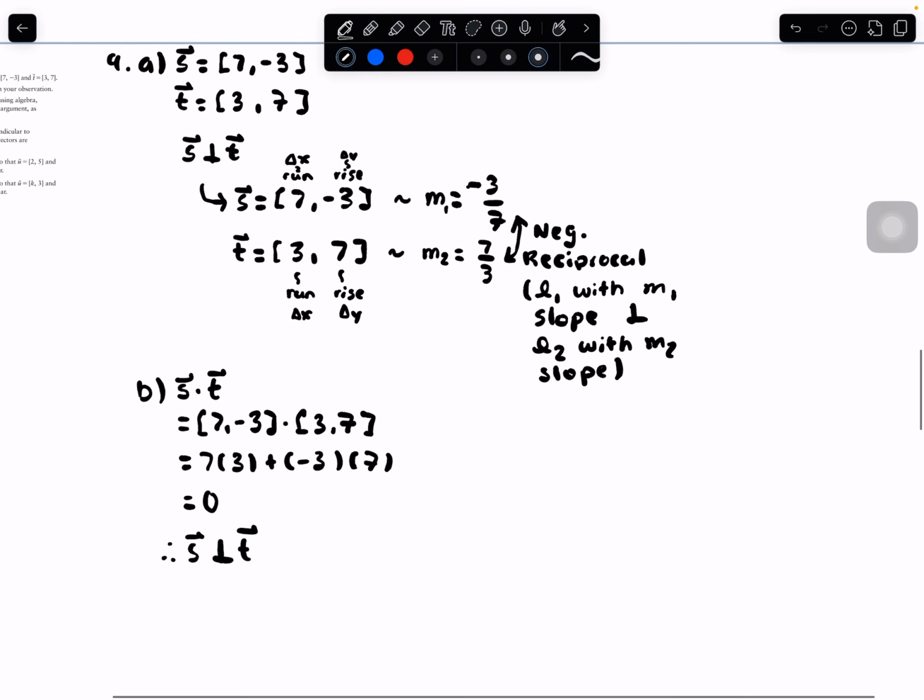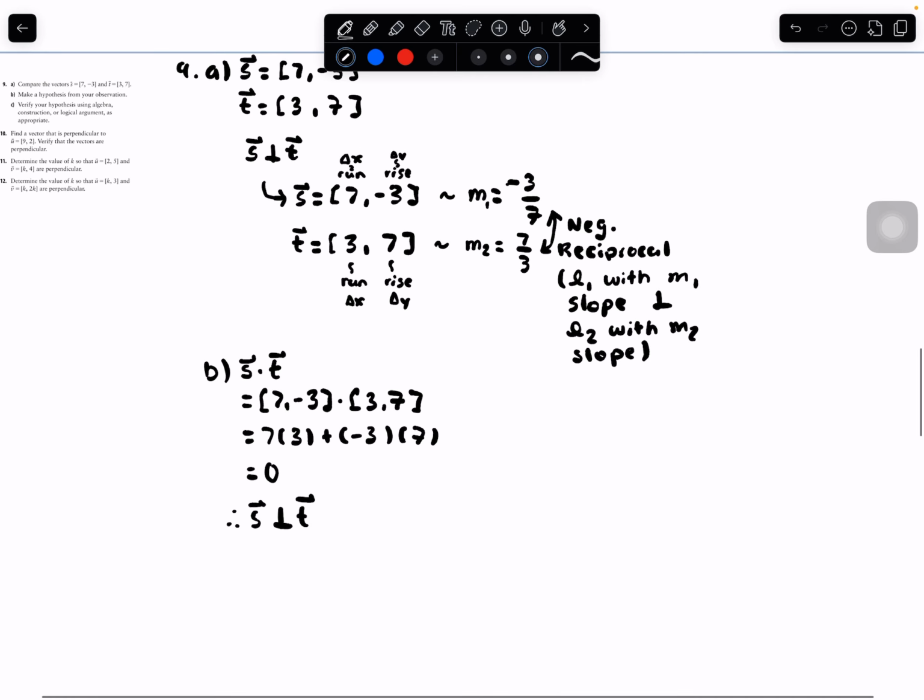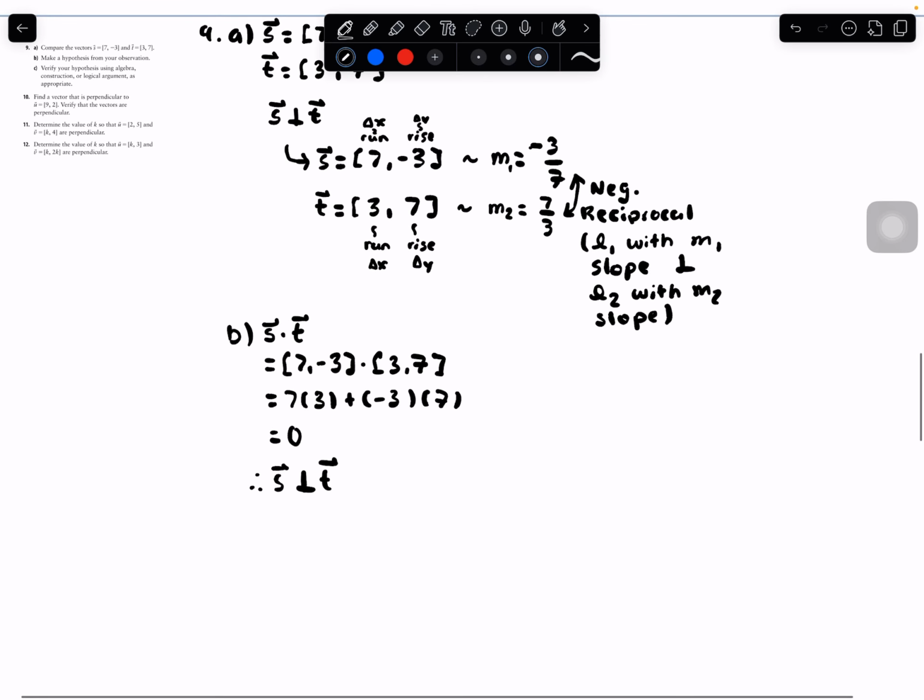Well, question 10. So for question 10, we're actually going to use the same reasoning we did for 9a. Find a vector that is perpendicular to u, 9, 2. Well, a vector perpendicular to u, the dot product with whatever vector it is, must be 0.